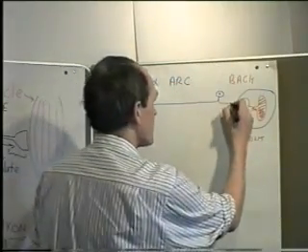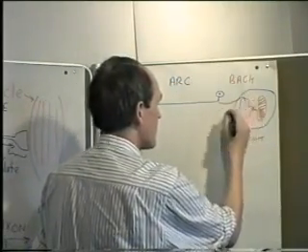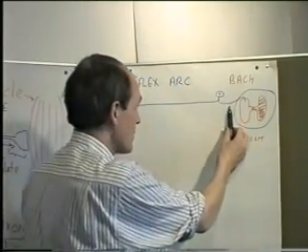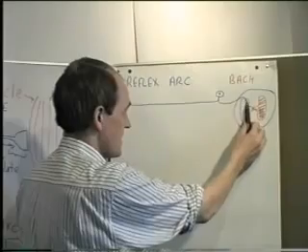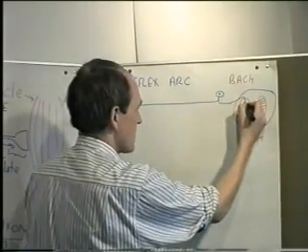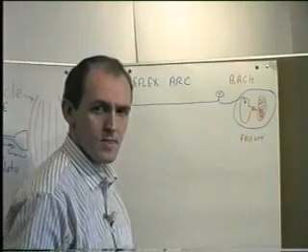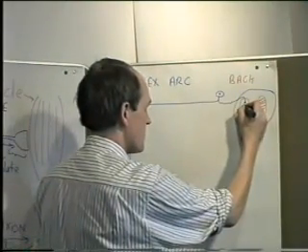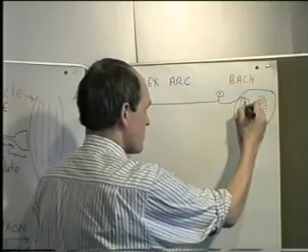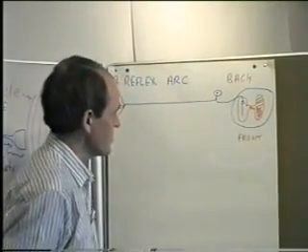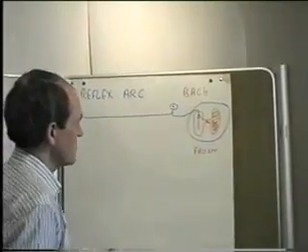So this impulse will go from the sensory neuron cell body along this sensory neuron axon into the back of the spinal cord, where it will form a synapse. It synapses with another neuron which carries it through the spinal cord.